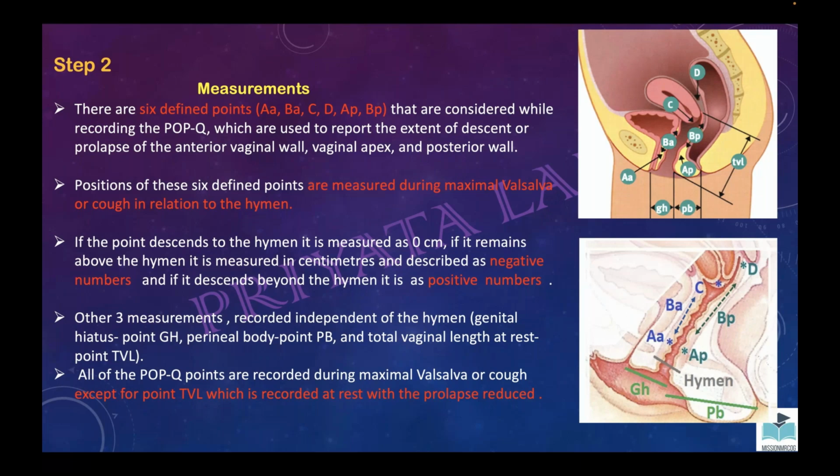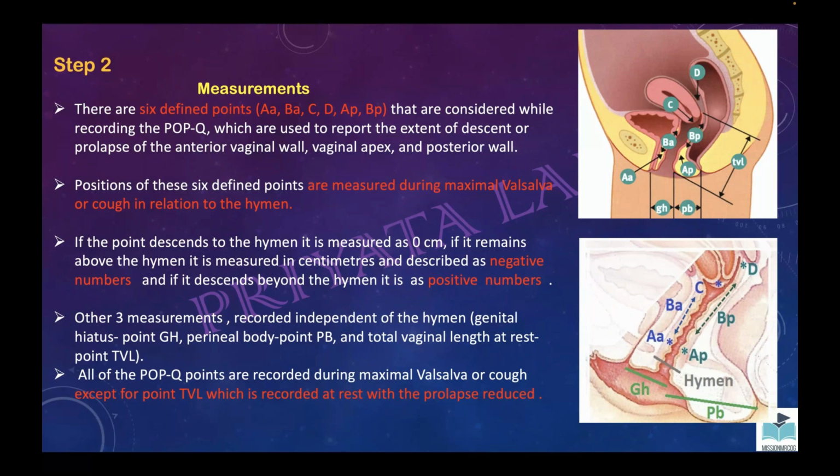Now, the reference point is the hymen, which will be 0. Whatever point is inside the vagina is recorded as negative numbers, and if something is below the hymen, that will be positive numbers.